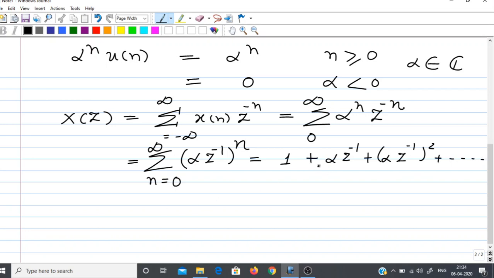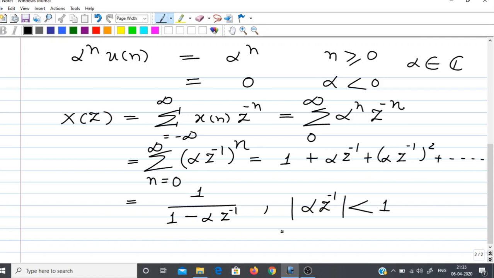And again, this is an infinite GP, and the summation of this geometric progression would be 1 upon 1 minus alpha z inverse, provided this common ratio, which is alpha z inverse, its mod is less than 1. So our common ratio is alpha z inverse, its mod should be less than 1.